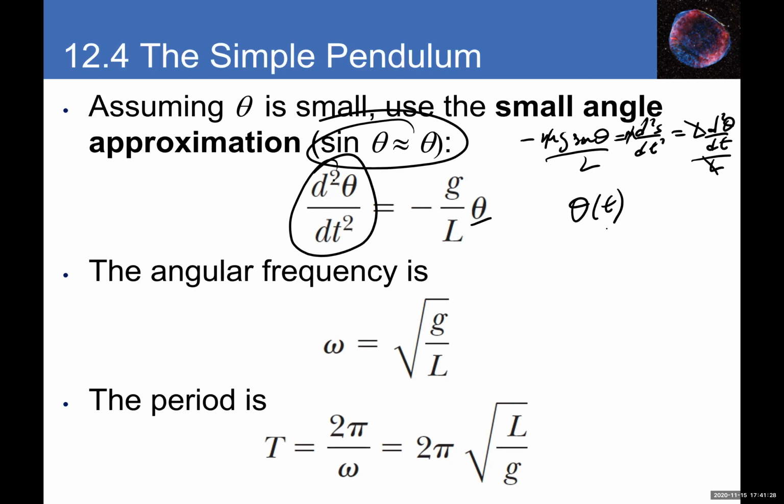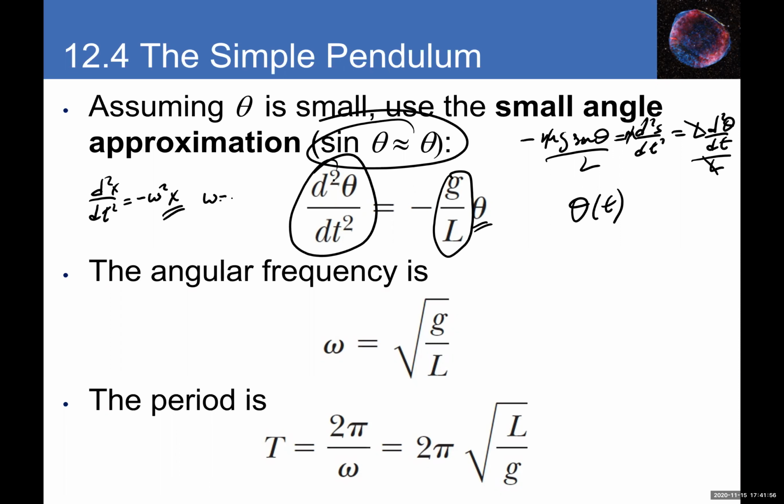And remember that before, d squared x dt squared was equal to negative omega squared times x. That means the coefficient in front of x was omega squared, and here the coefficient in front of theta is g over L, and it is indeed also omega squared.